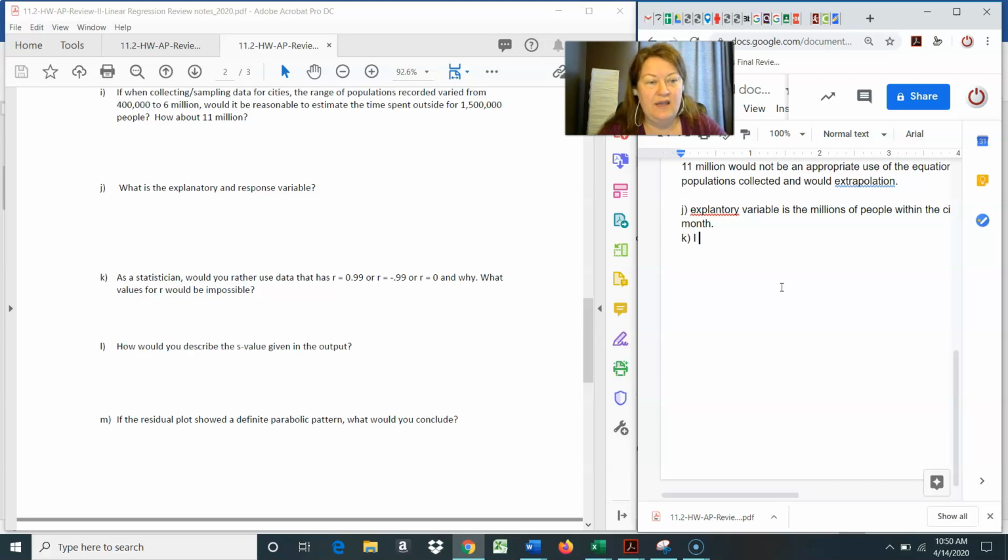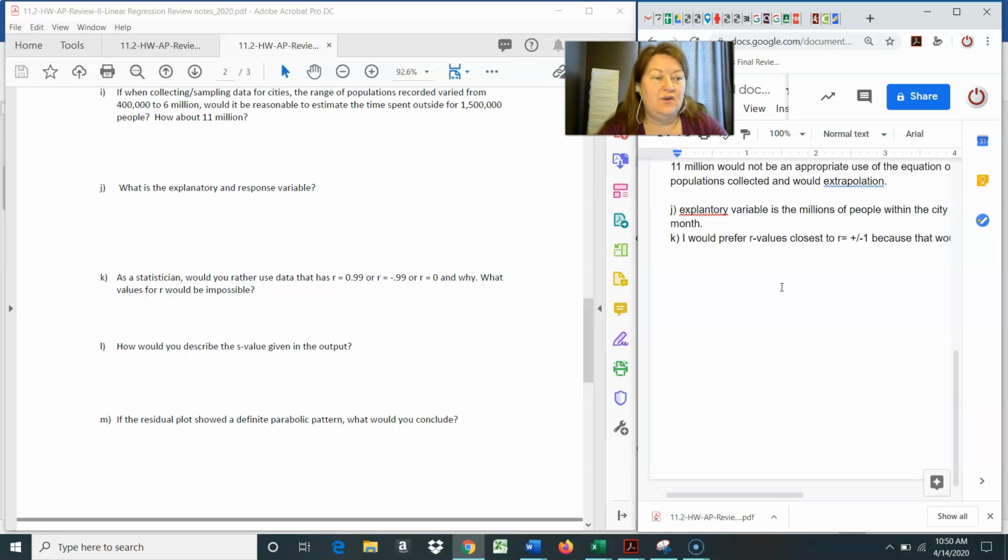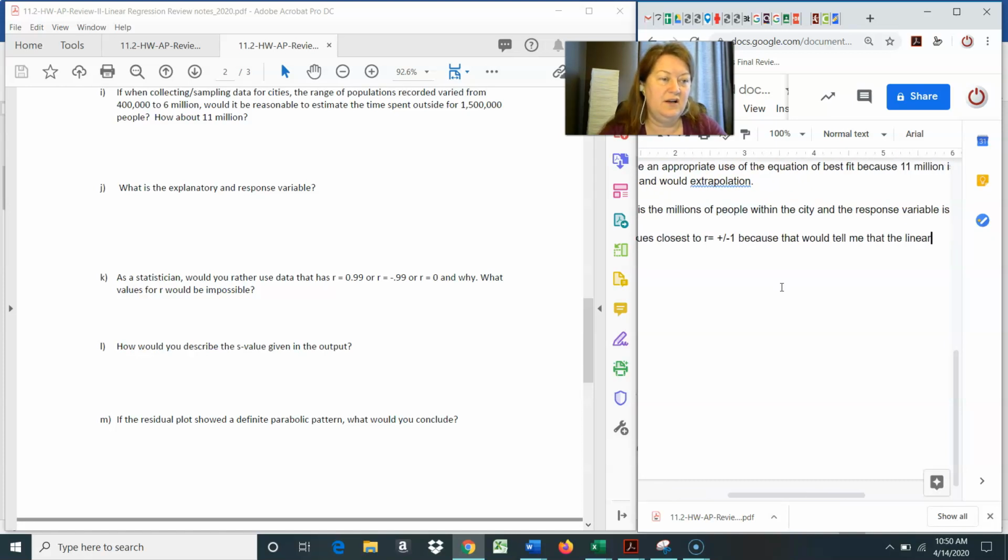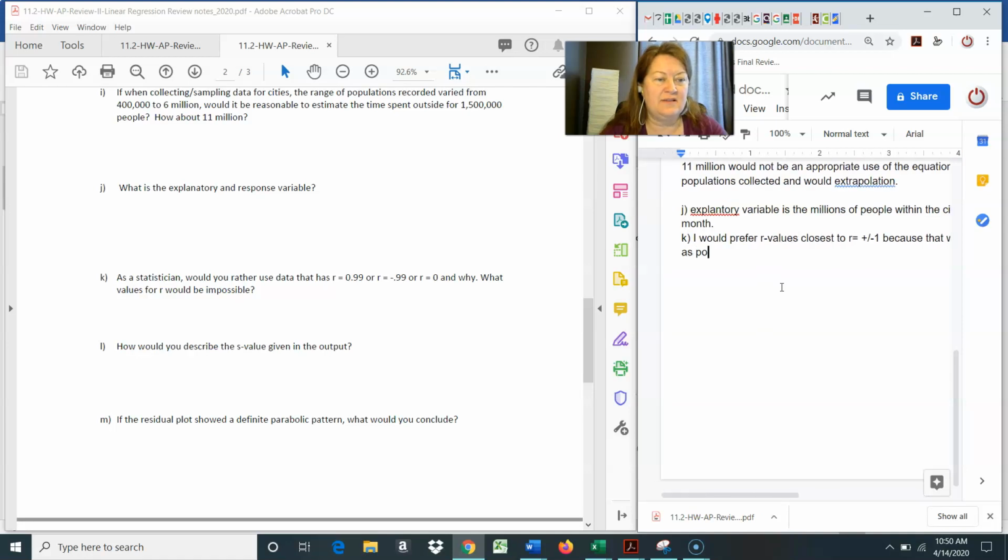So I would prefer R values closest to R equals plus or minus 1, because that would tell me that the linear fit of the data points is as strong as possible.